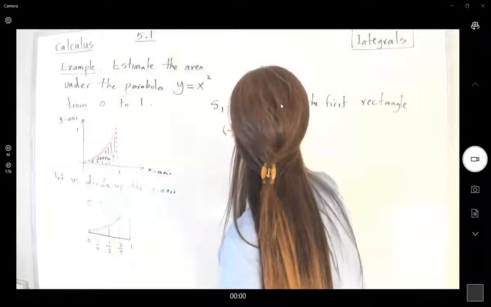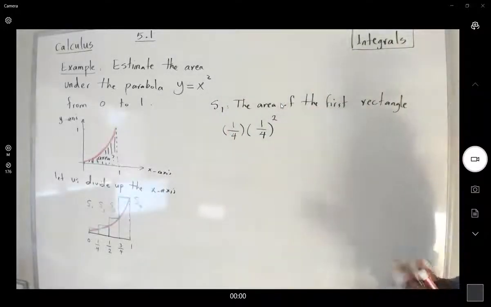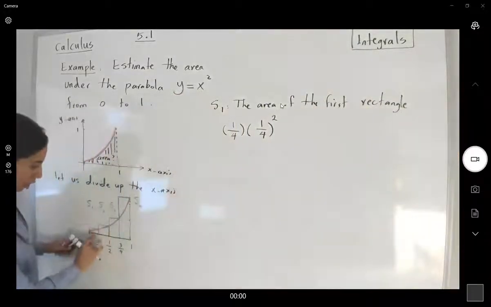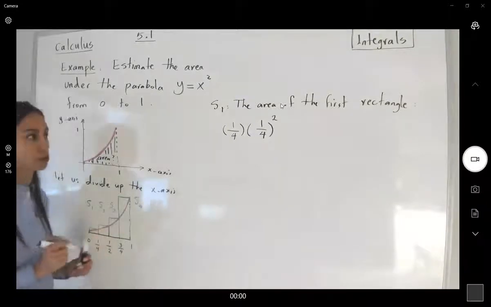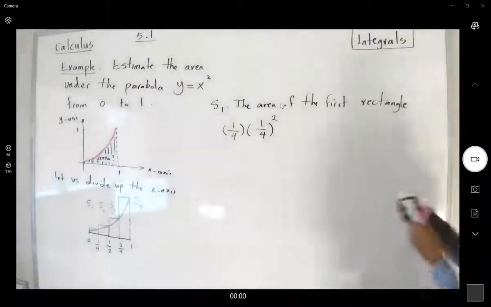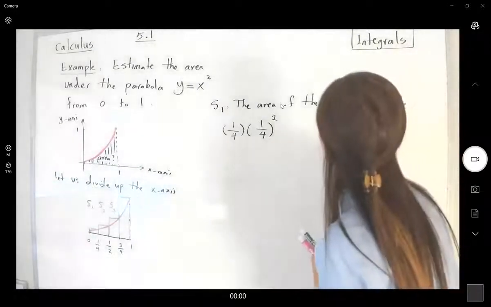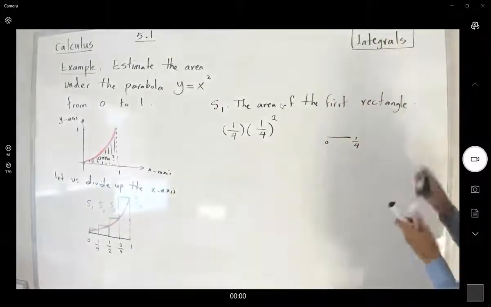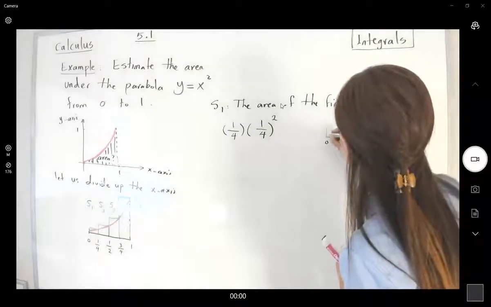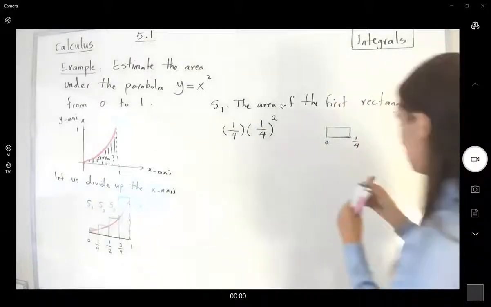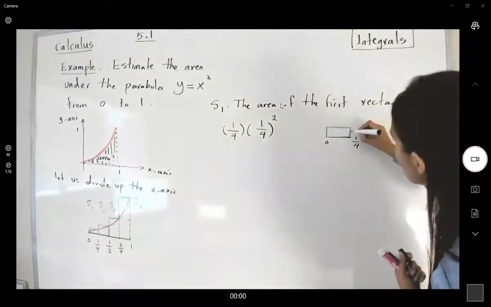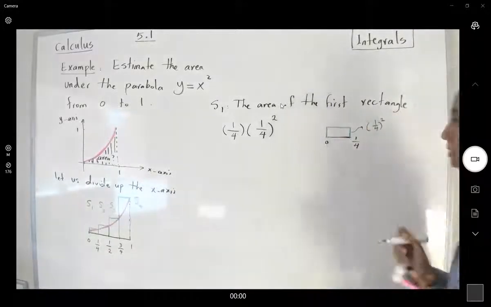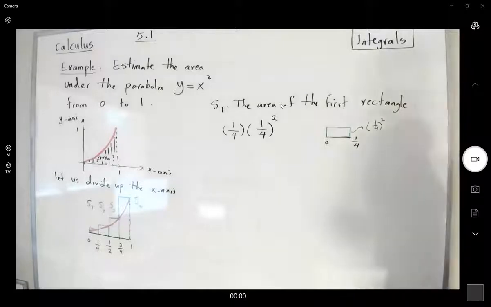This is going to be the area of the first rectangle: 1/4 times (1/4) squared. This is this little area here. So let me just show you. This is 0 to 1/4. And here you have your length. This little measurement here is (1/4) raised to the second power. So this length times this length: 1/4 times 1/4 times 1/4.